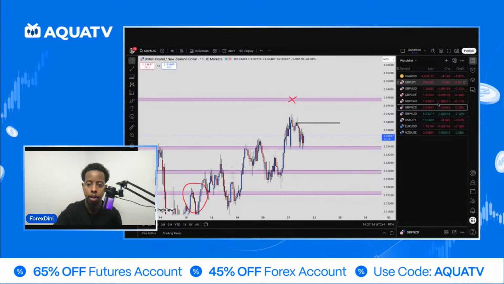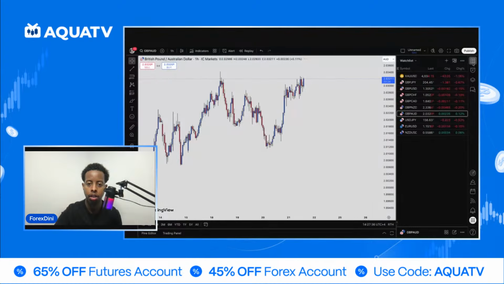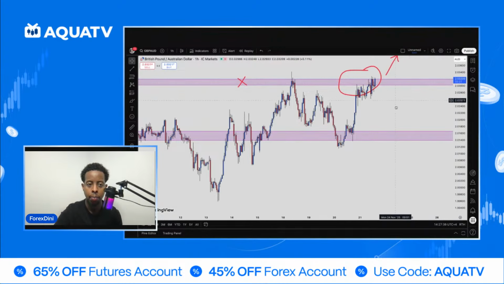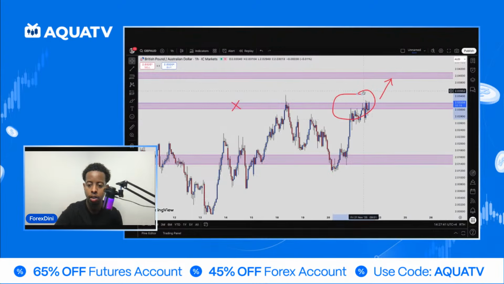Moving on, pound AUD, pound Australian dollar. Pound Australian dollar at the moment at a resistance zone. Very simply put, what I'd need to see is if price can close above this zone. Like if we get a body close above this zone right here, then we could start going long for pound AUD.